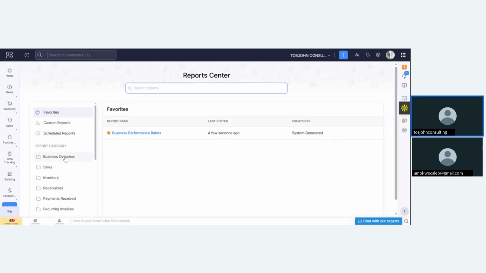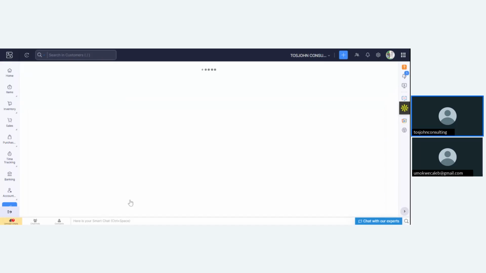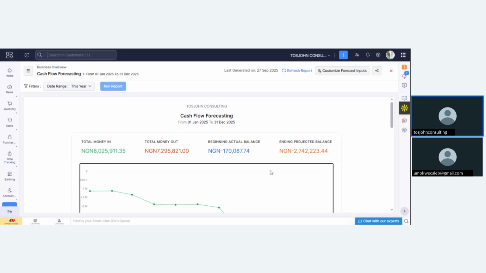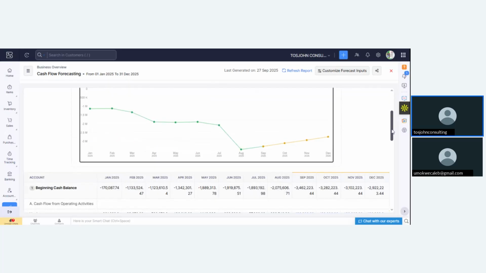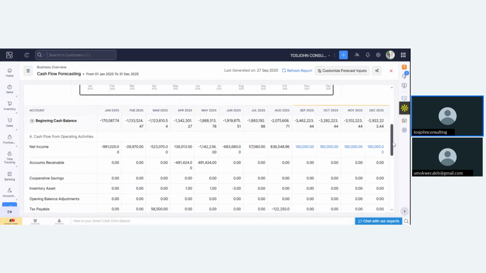So let's look at the other one, cash flow forecasting. You can also forecast your cash flow if need be. You can forecast, okay, in the next 6 months, this is how we want our cash flow to be, and forecast it. Or maybe the one that has happened.